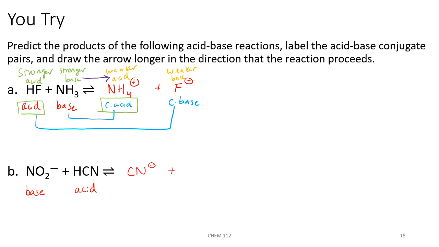And when the nitrite grabs that proton from our acid, we form HNO2. So we're going to have our pairs. If HCN is our acid, then CN- is the conjugate base. And NO2- is the base. So HNO2 is its conjugate acid.